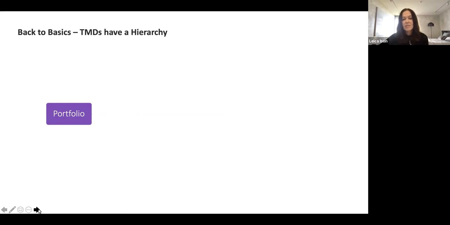So I'm just going to step you through this hierarchy, and as we work with customers in setting up their product governance, I like to call this sort of phase 0. So you as a product leader, you've worked with your legal and regulatory teams.